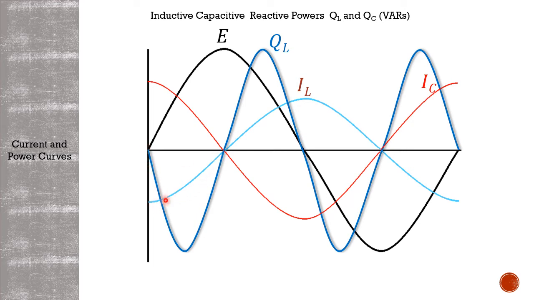That results in my inductive power, well, it appears to be negative, but can you really have a negative power? What would a negative power be? Well, that's when my inductor is actually collapsing its magnetic field. So that during this whole section here, my inductor is actually giving me back the energy it had stored. And during this positive pulse in here, my inductor is actually storing energy or building up energy.